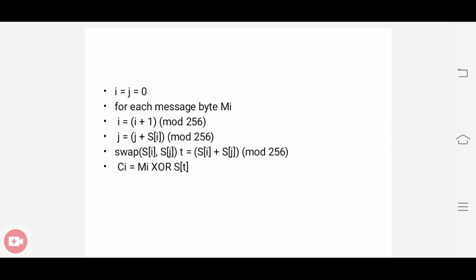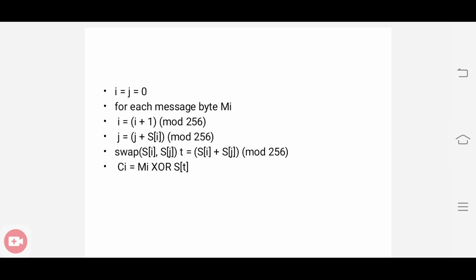Then we have another equation, t = (S[i] + S[j]) mod 256. That t value is the index of the key stream, that is, S[t] is the key stream. Clear?